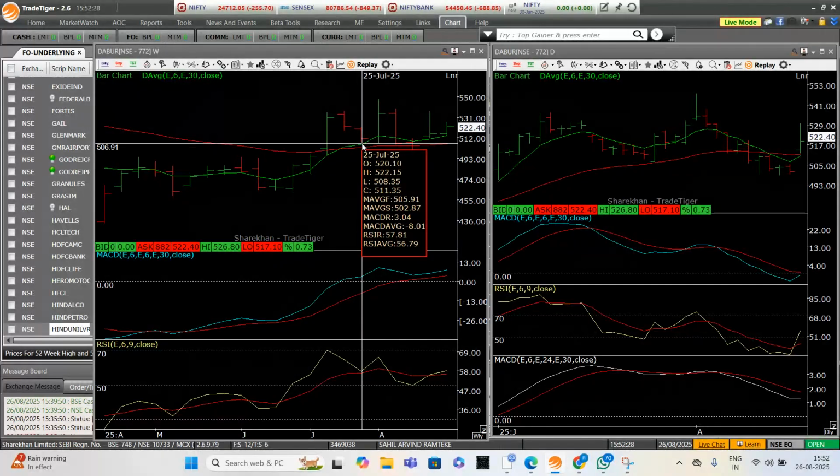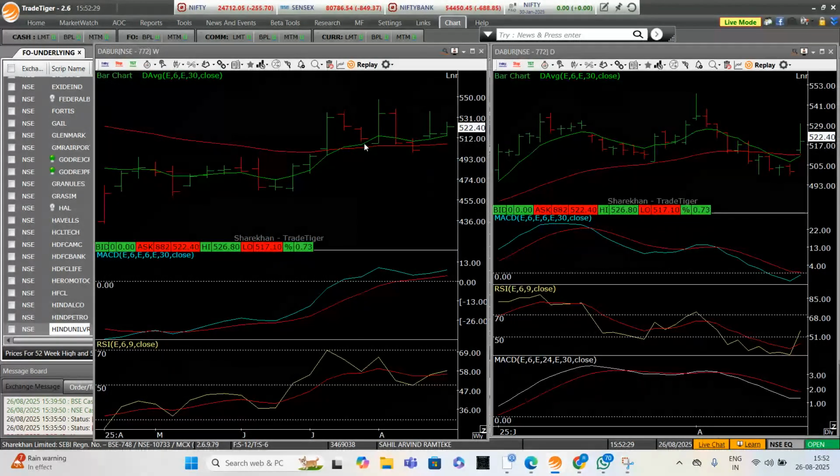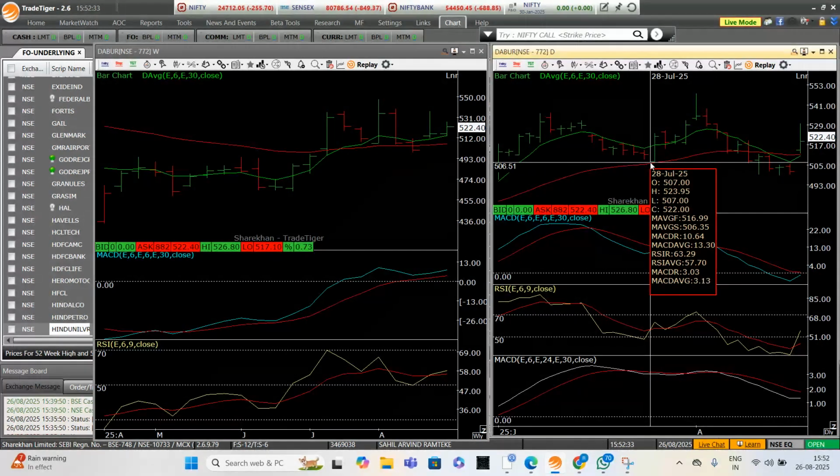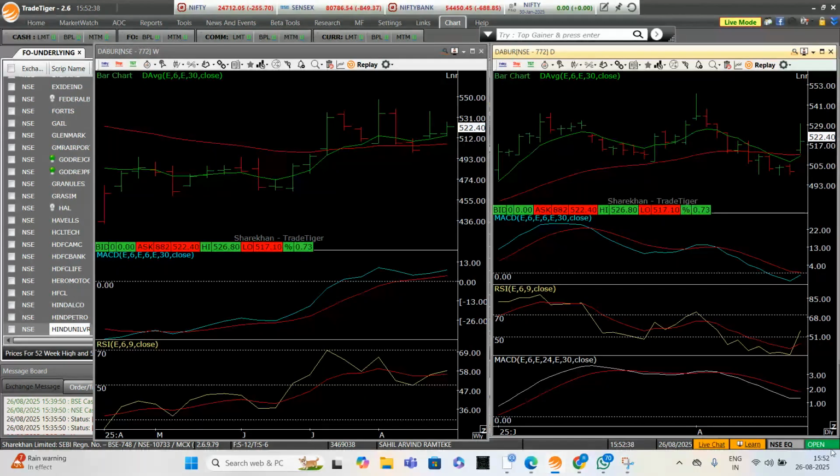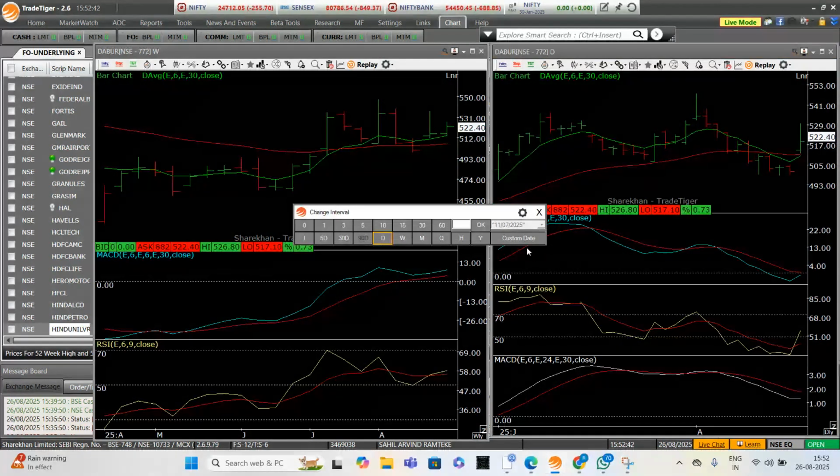That is on 25th of July week. And if you see, this was the day where it started, on 28th of July. So 20th of July, if you go over here and select the H3 chart, we have to just wait for the price to close above the H3 E6 with RSI.